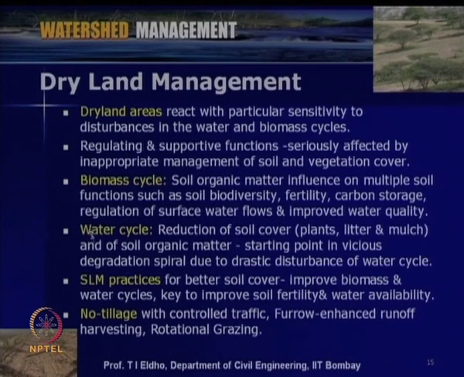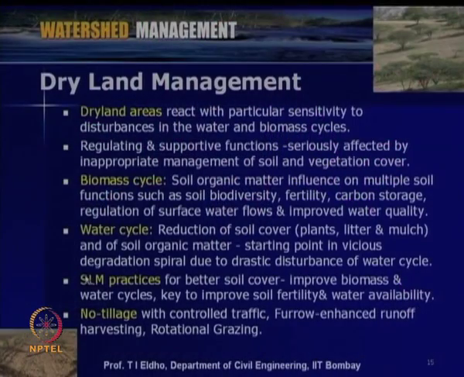Already in the dry land the water availability is very less, so within the available water resource we have to improve the soil moisture, so that we can go for better agricultural practices.